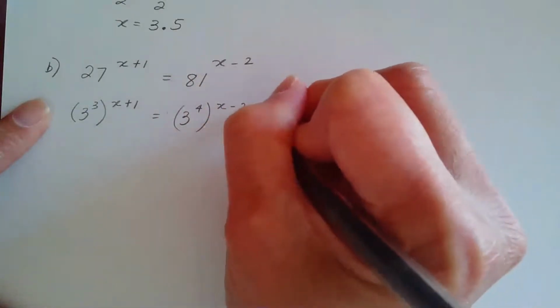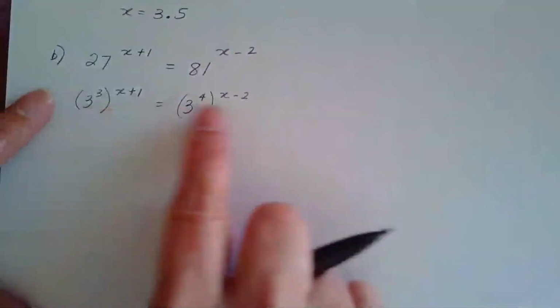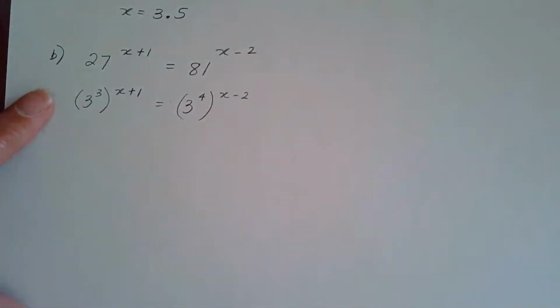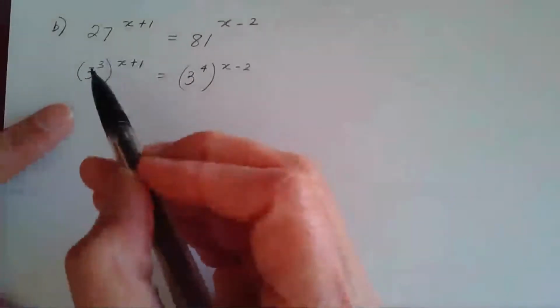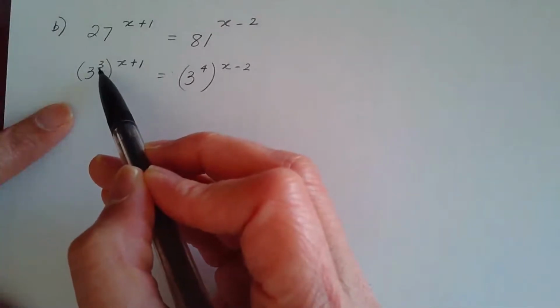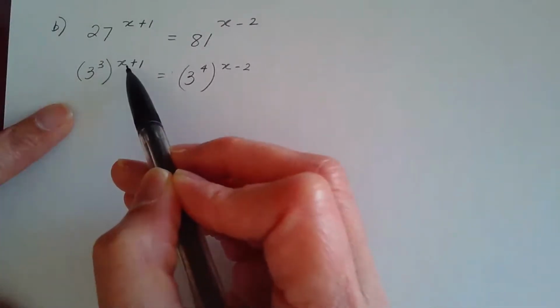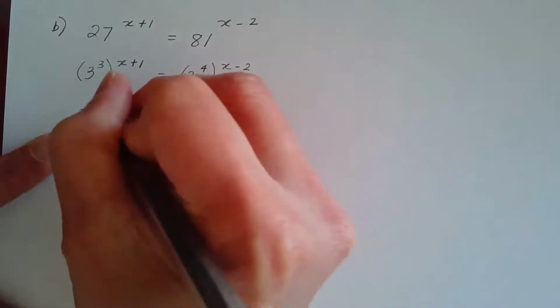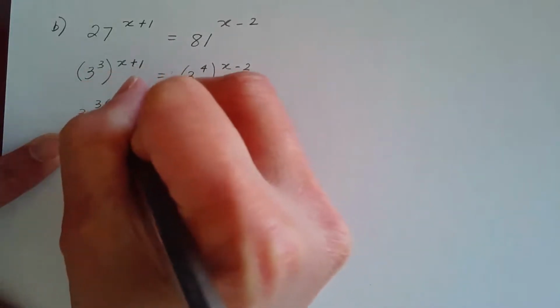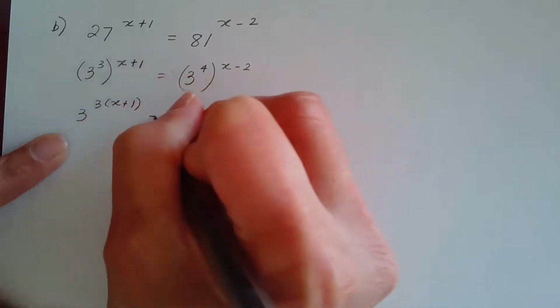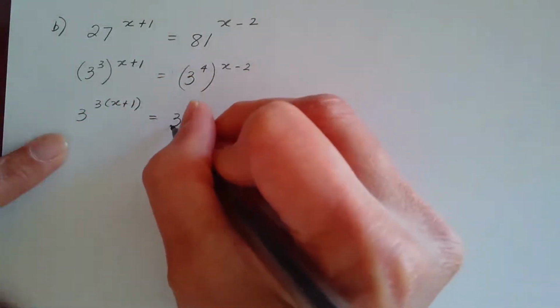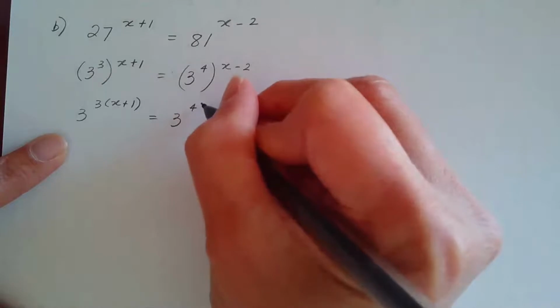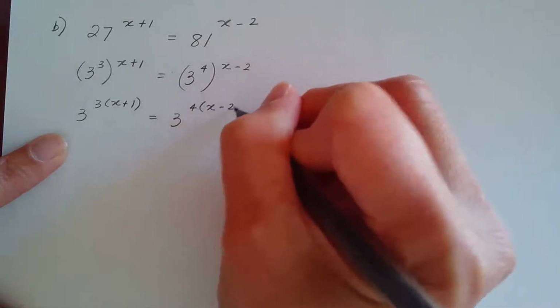And then from here, what I'm going to do is use the laws of exponents. So 3 cubed to the x plus 1 is the same thing as 3 to the exponent 3 times x plus 1. And then this is going to be 3 to the exponent 4 times x minus 2.